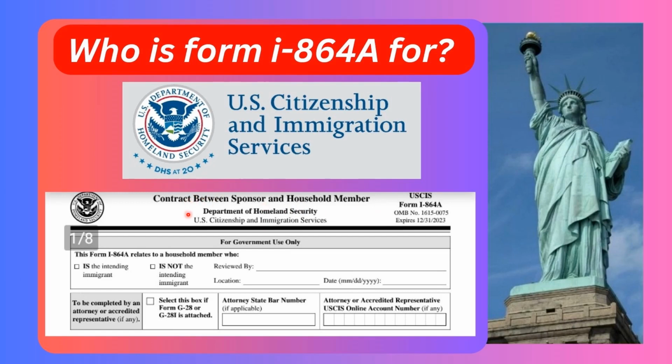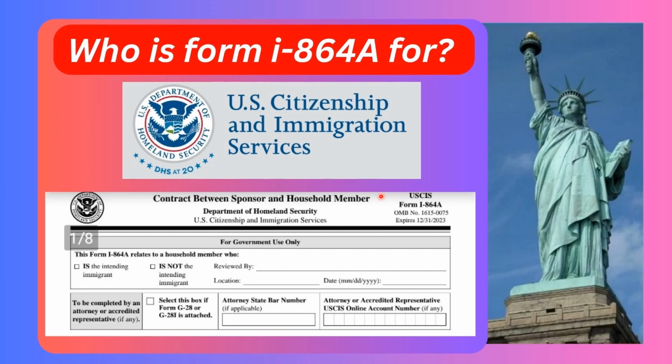You are petitioning for somebody, but your income level is not enough to meet the financial responsibility level set by the government. So what do you do? You happen to be living with someone who also has an income, and that person is willing to contribute their income so as in combination you both meet the required level.